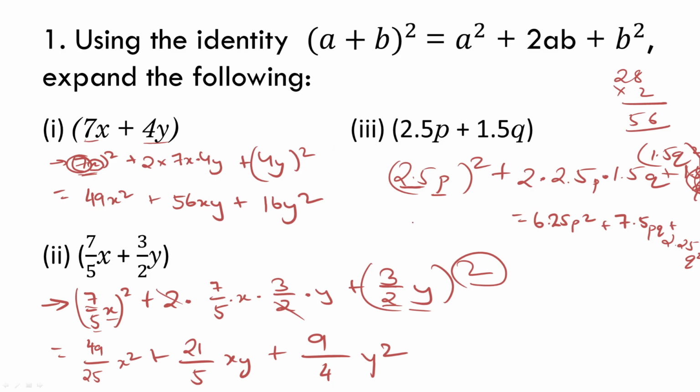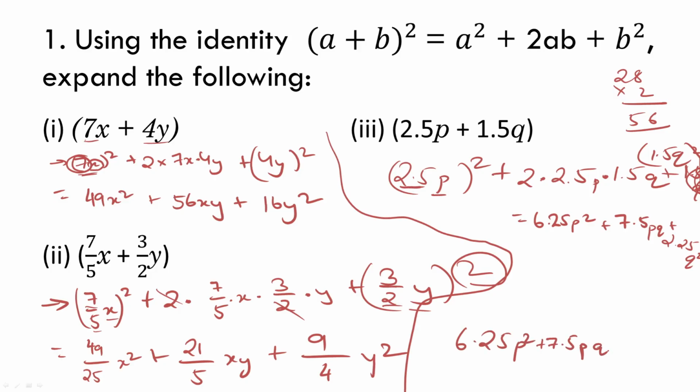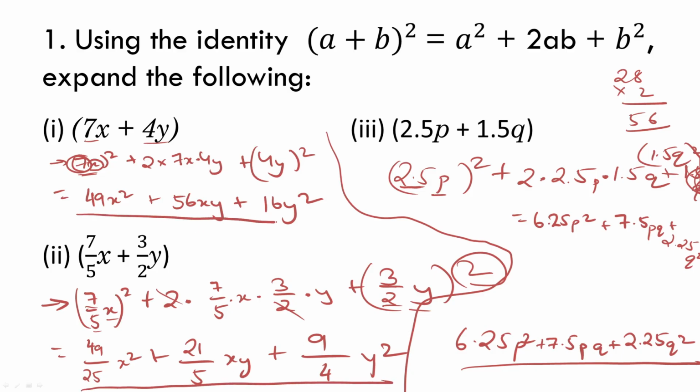So the final answer is going to be 6.25p square plus 7.5pq plus 2.25q square, and this is the answer of the third.